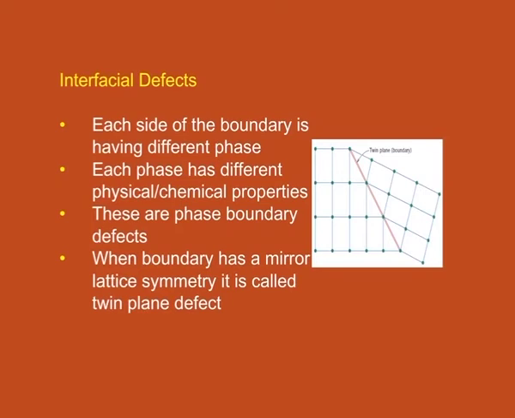So, the physical or chemical properties of a solid can be explained by considering what kind of phase it has in that particular part of the solid. These types of defects are called phase boundary defects, because we have two different types of phase on two sides of the boundary, and those two phases contribute differently to the physical and chemical properties.